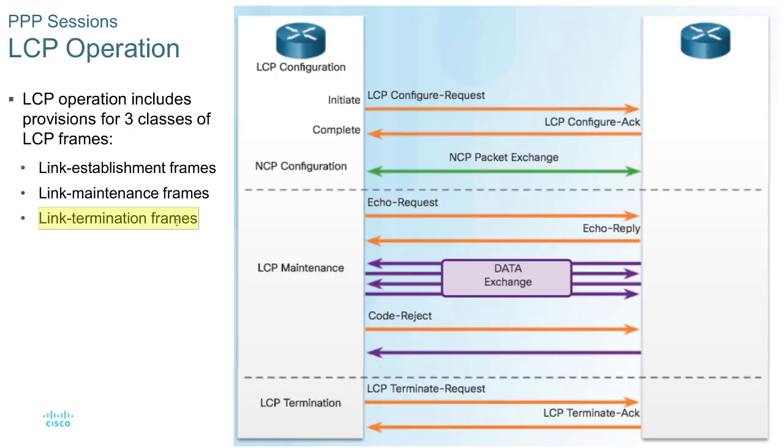Then after that, the LCP level will keep on maintaining the link. The maintenance of the link and termination of the link will be done at the LCP level. And while the link is actively available, the NCP level can continue to do the data exchange, the communication, the packet exchanges.